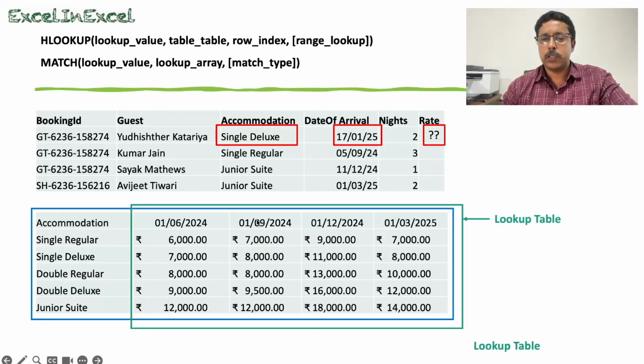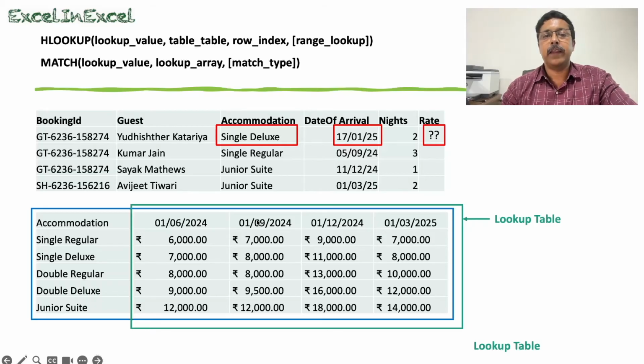No. Next question: is 1st December 24 greater than 17th January 25? No. Then it comes to this last cell, the last column: is 1st March 25 greater than 17th January 25? The answer is yes, and therefore it will come back to the previous column and return a value from this column. But the question is, from this column, which value?